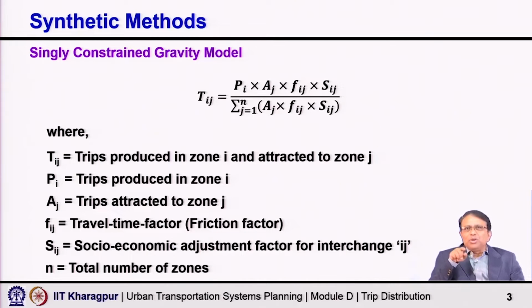So, if I sum it over all i, numerator and denominator will cancel and you will find only Aj. So the attraction constraints will be satisfied, but in that case the sum over i will not give you Pi, so the production ends will not get satisfied automatically by the model. So, both ways one can write a singly constrained gravity model: as a production constrained model, or as an attraction constrained model, correct.